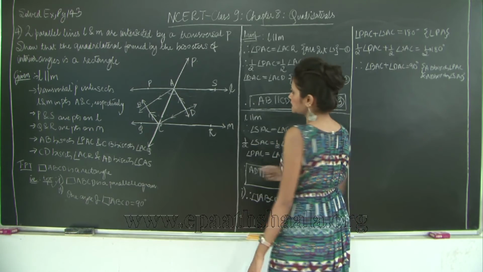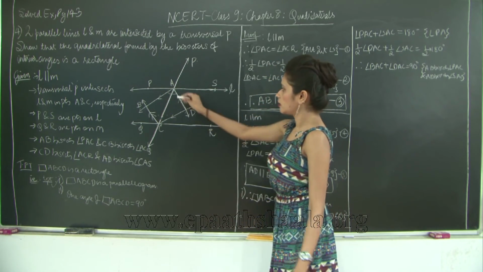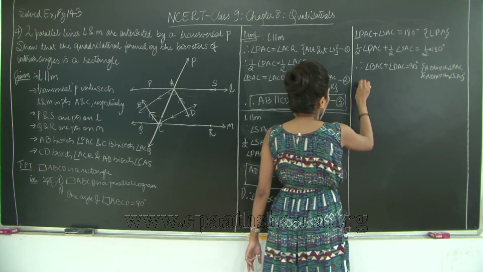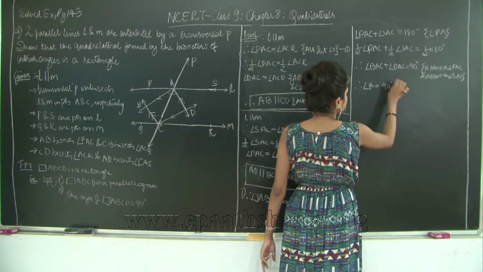But angle BAC plus angle DAC is equal to angle A for quadrilateral ABCD. Therefore, angle A is equal to 90 degrees.